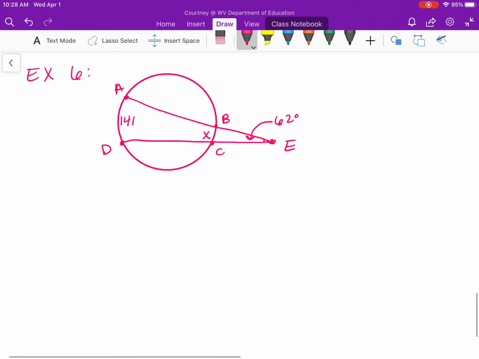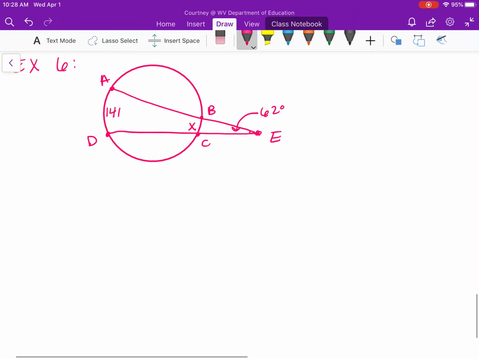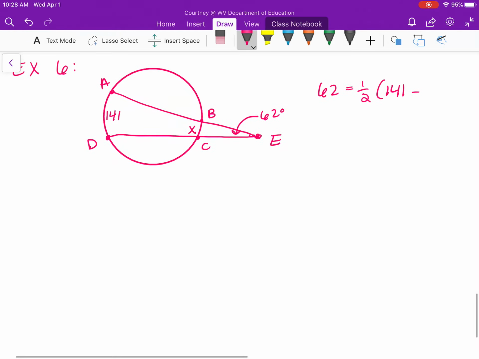Okay, this time we can't just subtract from 360, we have to use our rule. So our rule says that 62, the angle, is half big arc, 141, minus little arc, X. Again, multiply by 2. Get rid of that half.